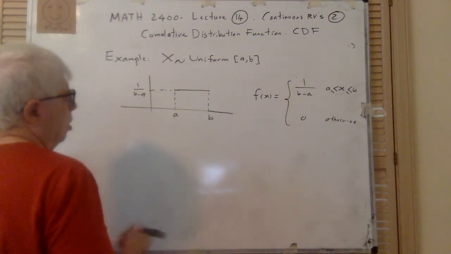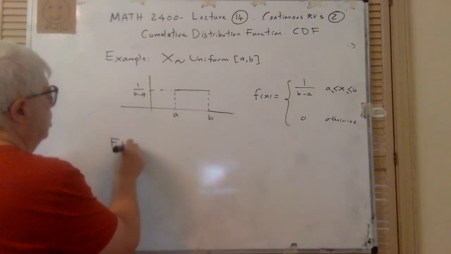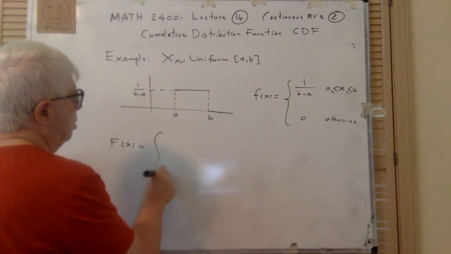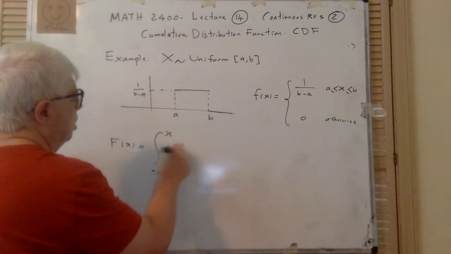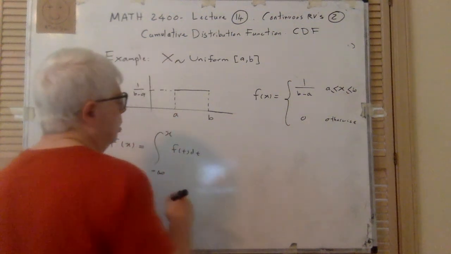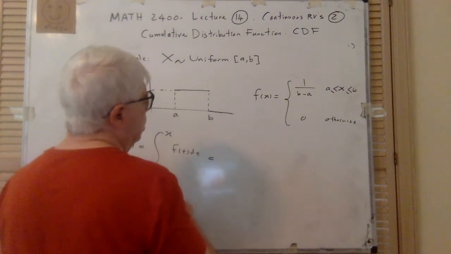So F_X will be what? It is the integral from minus infinity to x of f(t) dt. So what do we have here?